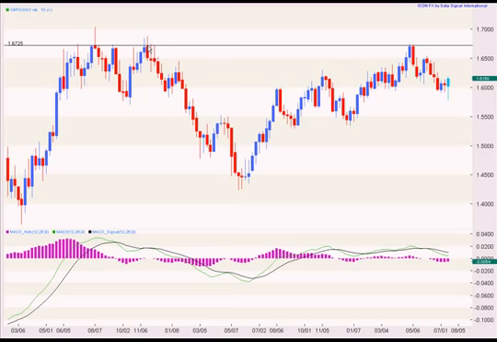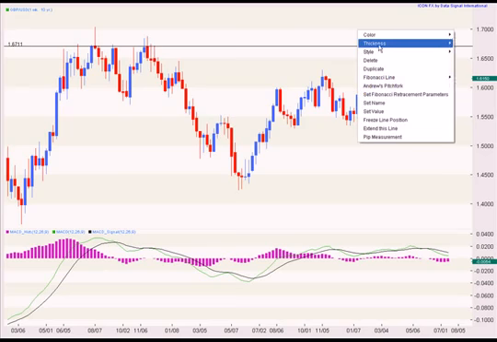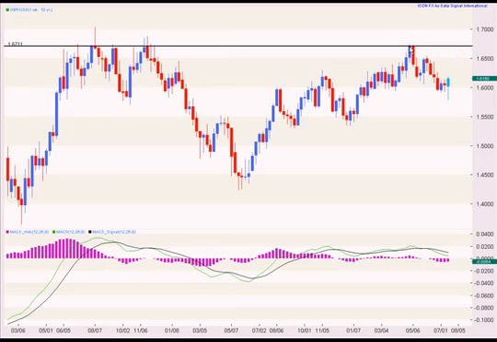I just find that this seems to be a little better place to watch for. However, keep in mind that anywhere from the body to the top of the wick is a zone. It's just a general zone where you can expect there to be a band of resistance, right? So this is one, and I'm going to make these thicker because I consider these primary, quite strong.